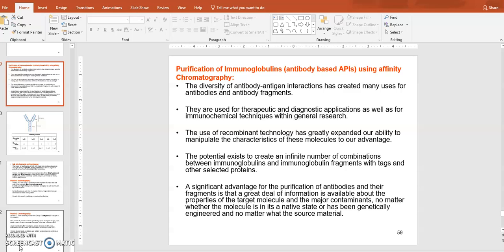And their main function is what? They interact with antigens or infectious agents that are coming in, like viruses or bacterial cells. They bind to them, and once they bind, that can attract the immune cells to attack those pathogens. So they will neutralize them, attack them, and get rid of them. That's the function of the antibody molecules.